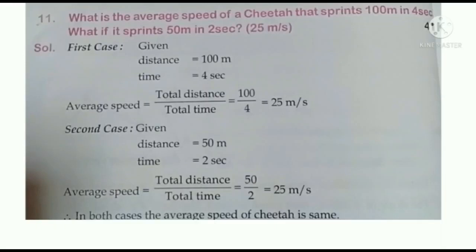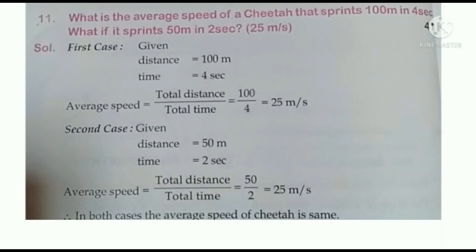Here total distance is equal to 50 meters. Time is equal to 2 seconds. So the average speed is equal to 25 meter per second.